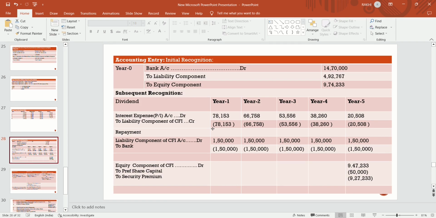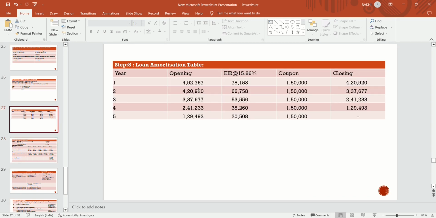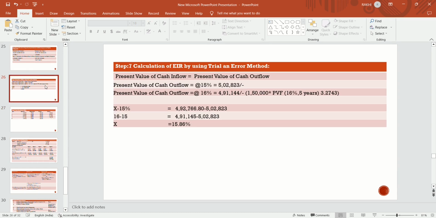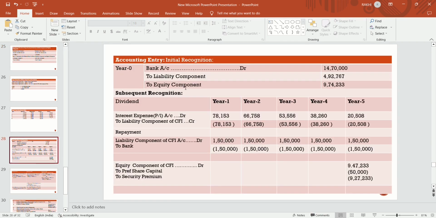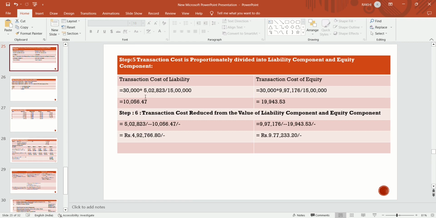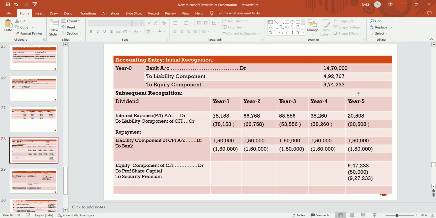So the total bank account amount debited is 1470, and that is credited to the liability component, that is 492,767, the interest element, and the equity component becomes 977,233. That is the balancing figure, the equity component.